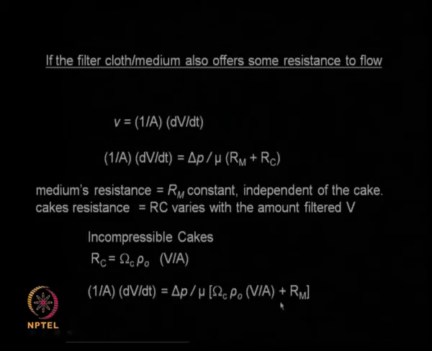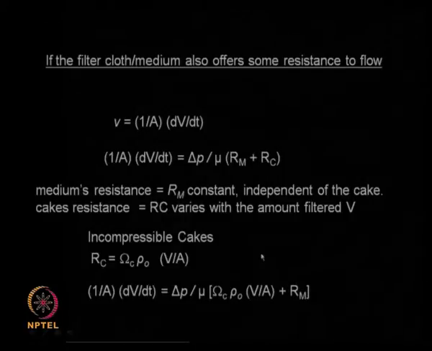This term comes because of the resistance offered by the cake, and this term comes because of the resistance offered by the medium. Otherwise, when the resistance offered by the medium or the filter cloth is 0, this term will disappear. This is your original equation which I showed 3 or 4 slides before.